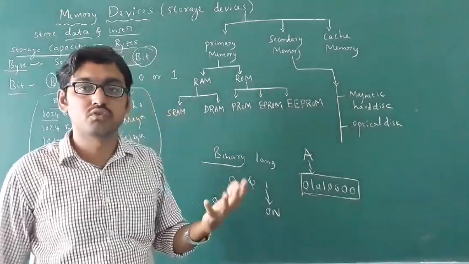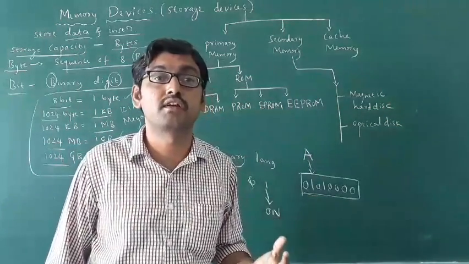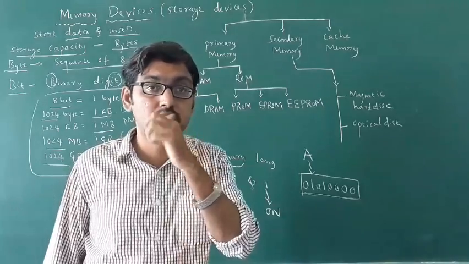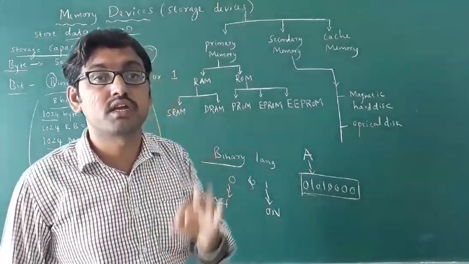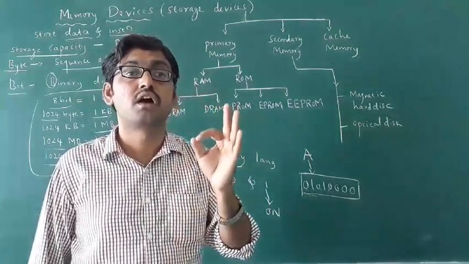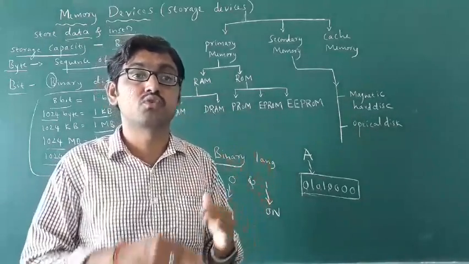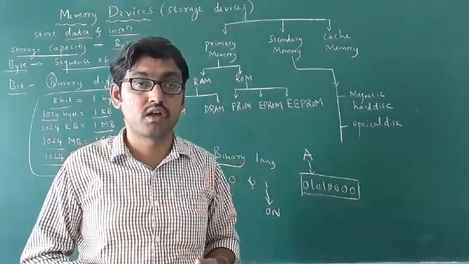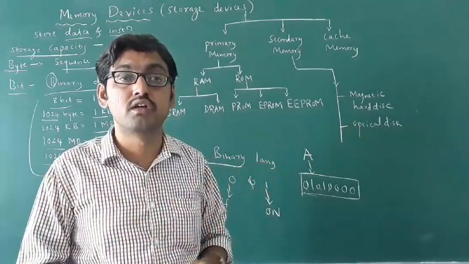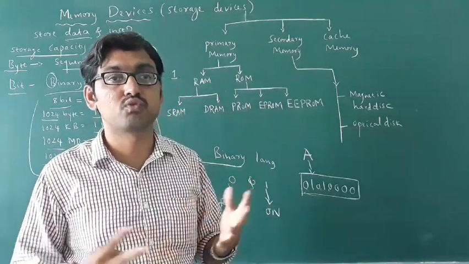A hard disk is used to store data permanently in a computer. If you want to store data permanently, you have to use a secondary memory device, nothing but a hard disk. The hard disk is in the computer. You can store all your data, unlimited data, in a hard disk.